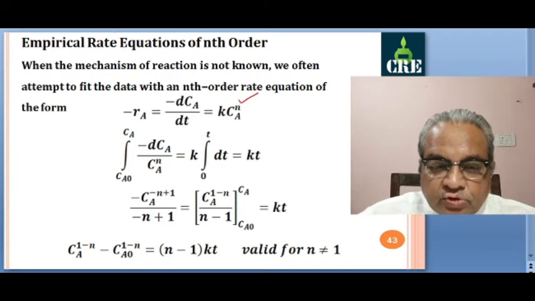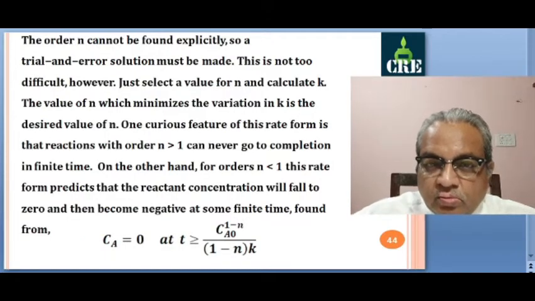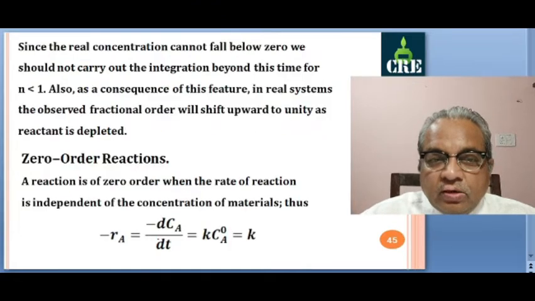If I substitute CA is equal to 0, since I want T, I will shift this n minus 1 and k to the denominator, and with the minus sign, n minus 1 becomes 1 minus n. So this is the limiting value.